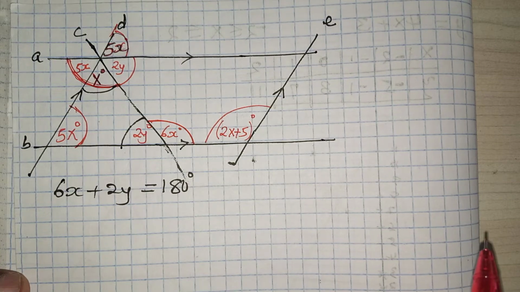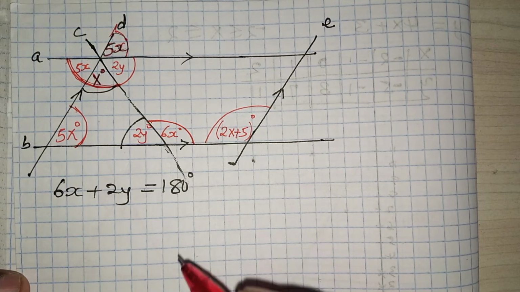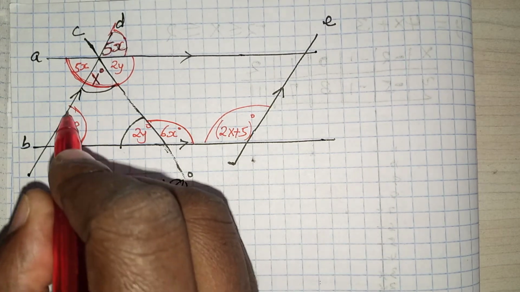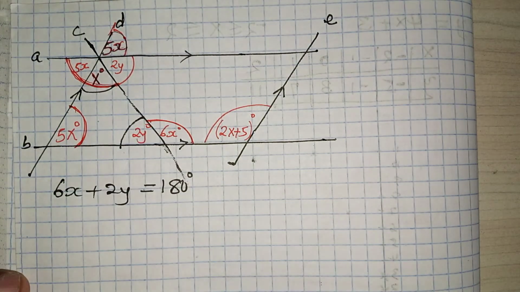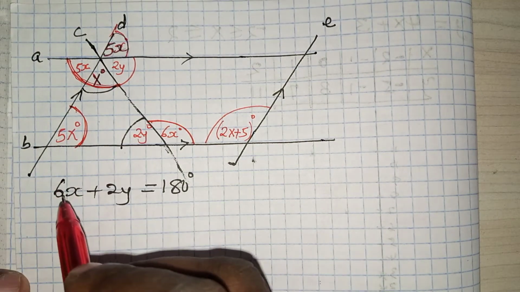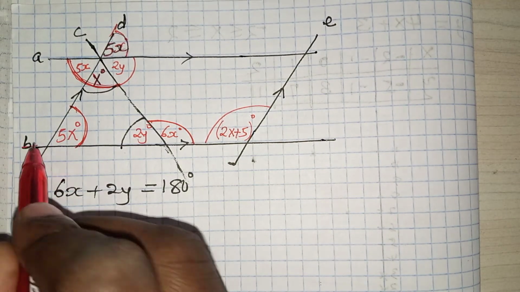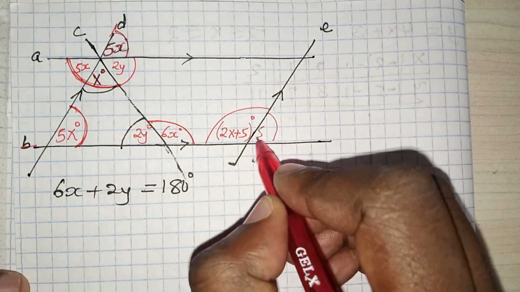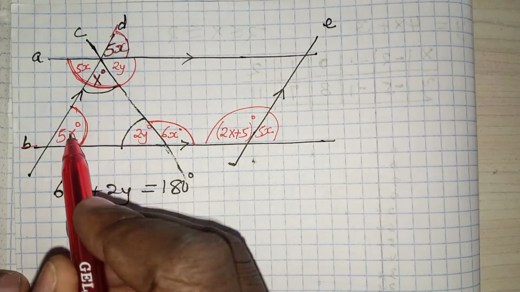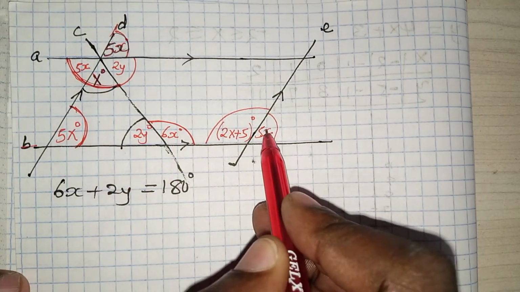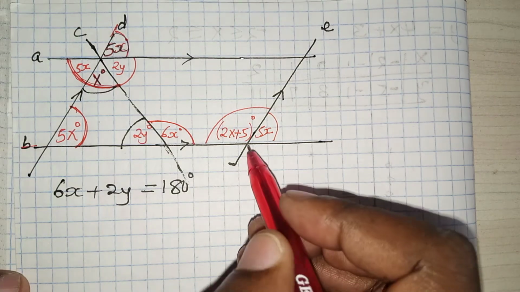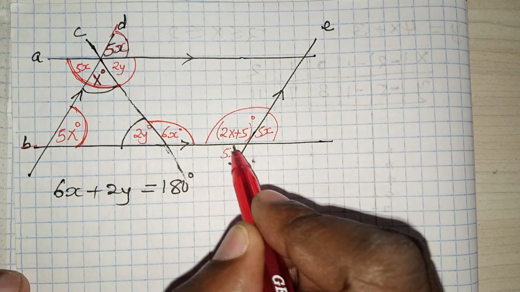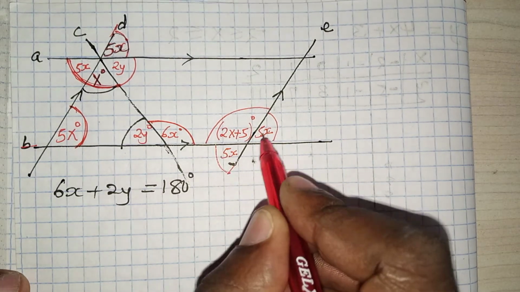Having said that, it is very important to note that this angle being 5x is also equal to this angle being 5x because they are in corresponding positions, again. And if this is 5x, then this is also 5x because they are vertically opposite.